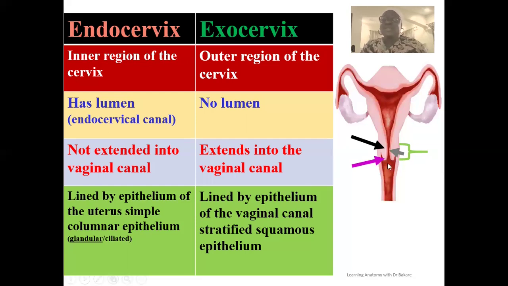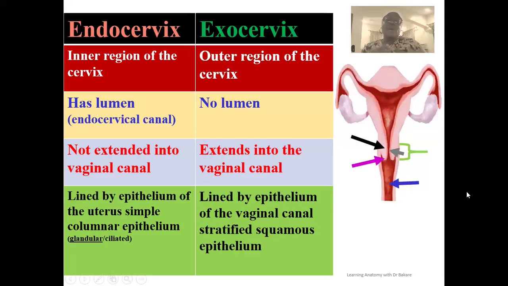And at this inferior region here is where we have the vaginal canal. So you can see that the ecto or the exocervix, which is the inferior outer region of the cervix, is seen to extend into this space.